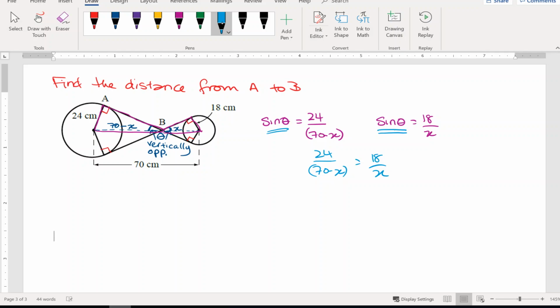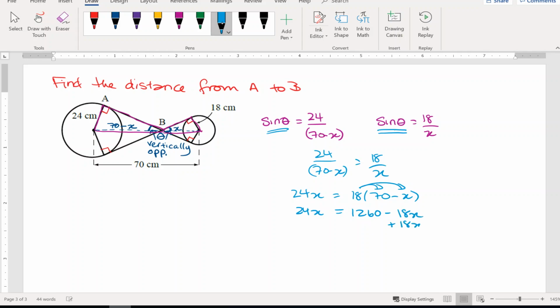So I'm going to cross multiply to get 24x is equal to 18 times 70 minus x. And let's distribute here. So 24x is equal to 18 times 70, which is 1,260, minus 18x.